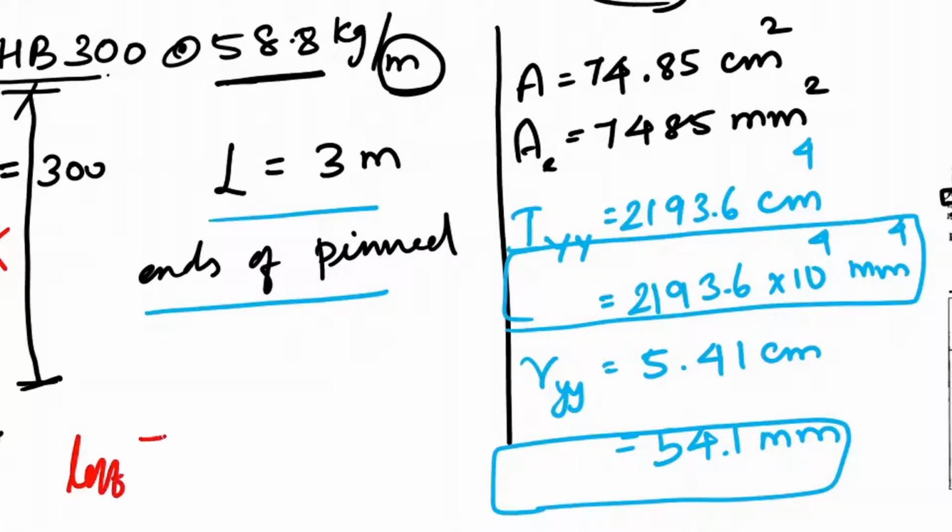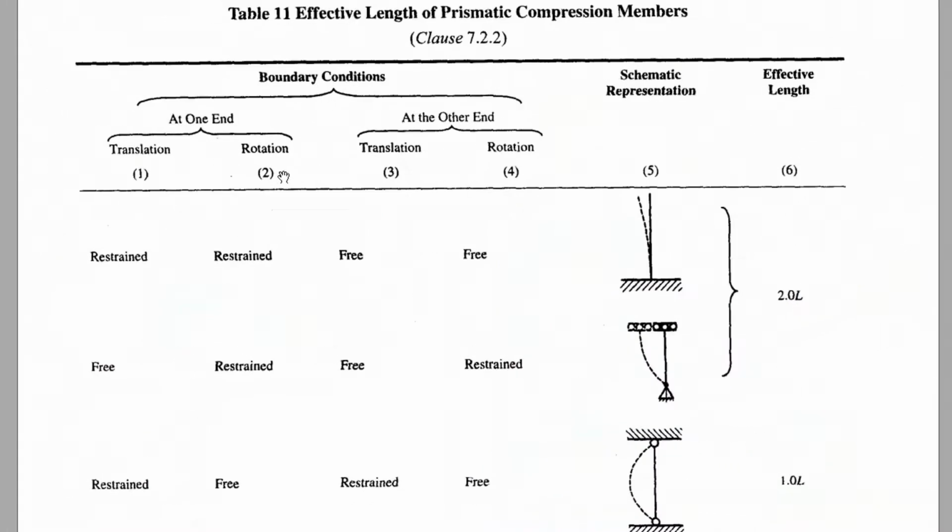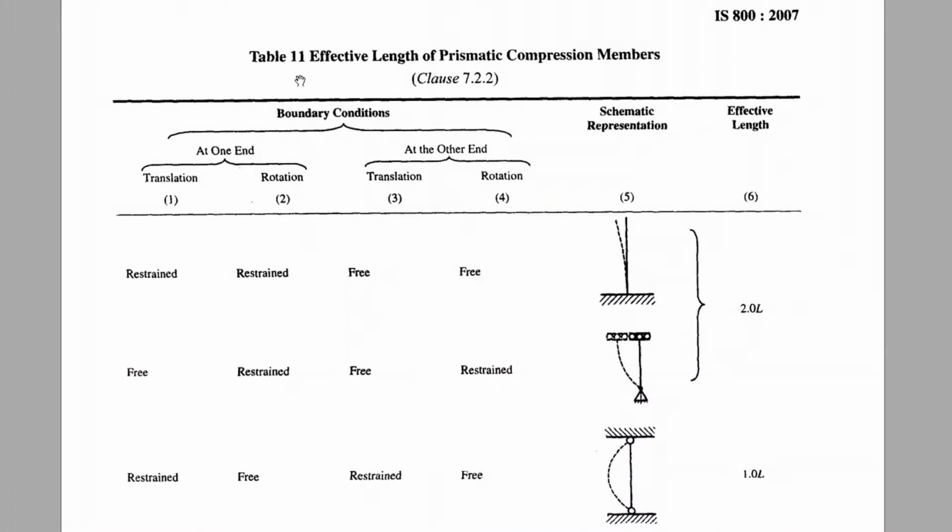The effective length of the given column: if you go to Table 11 of IS 800:2007, the effective length of a prismatic compression member is given there. Our ends are pinned, with a pin at one end and also a pin at the other end. Pinned is nothing but rotation is free. This joint is allowed to rotate freely, but it is restrained against translation.